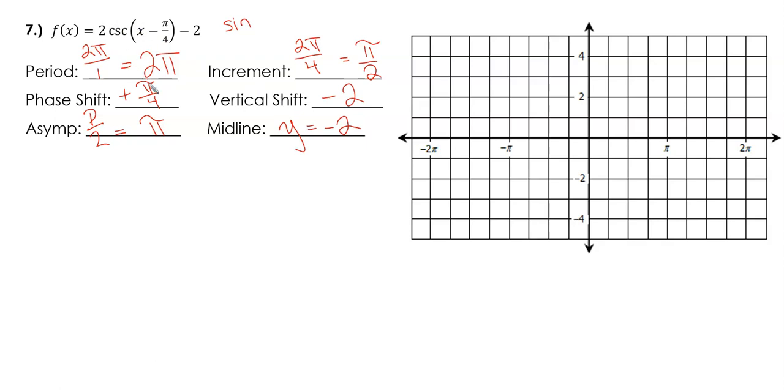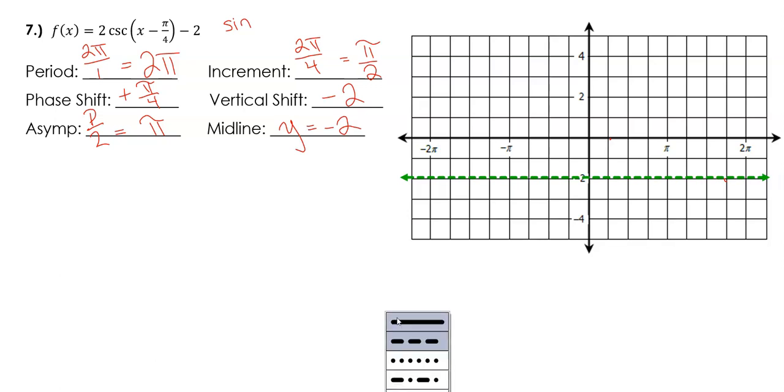All right, and again, we're going to start by graphing this just like it was the sine instead of the cosecant. So we're going to look at that midline first. So my midline is shifted down 2, so I'm going to come here and graph my midline.